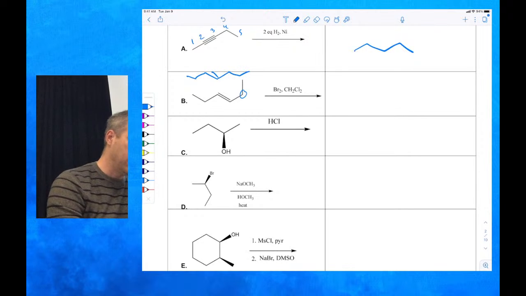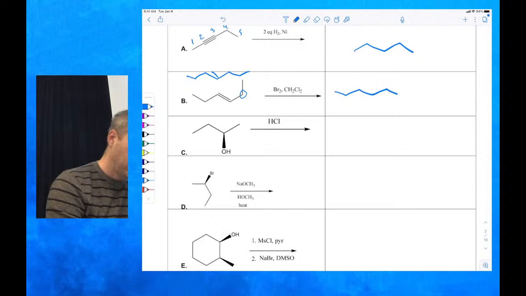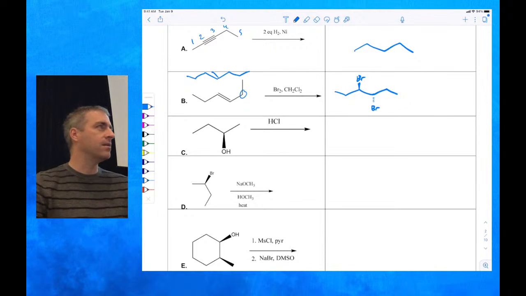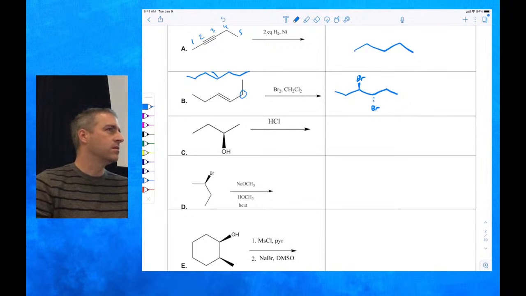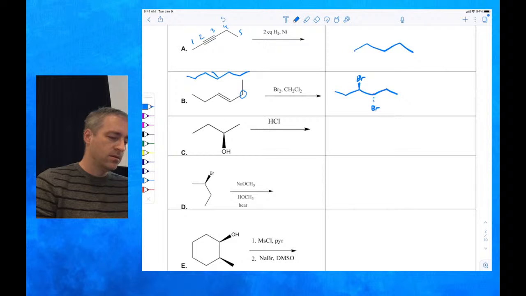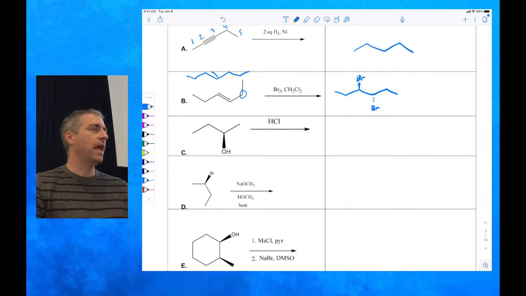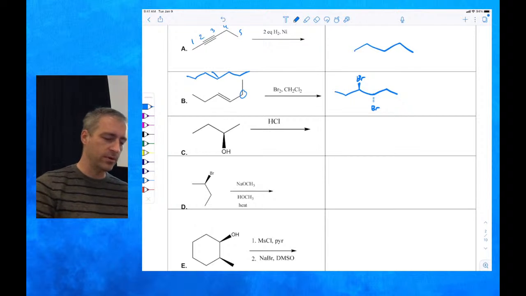So what we can do is draw that, and we're going to put a bromine in front, and on the back one, we have a bromine in behind there. Right? Because the addition is always anti. So the 2 bromines will end up on opposite sides of that double bond, which will look like this product we see here.